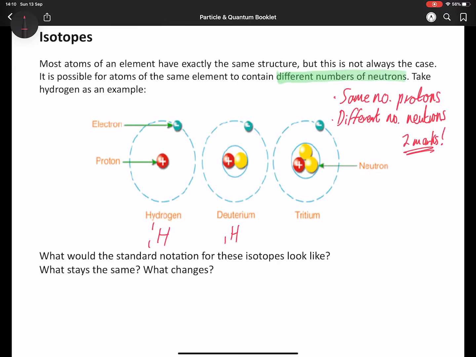And the other 2 should have the same symbol, because they're still hydrogen, and the same bottom number, because they are still hydrogen. Proton number defines the element. The top number will vary depending on the number of nucleons, hence 2 and 3. So staying the same, number of protons, changing number of neutrons. Both must always be stated.